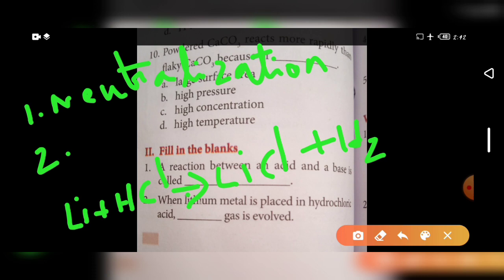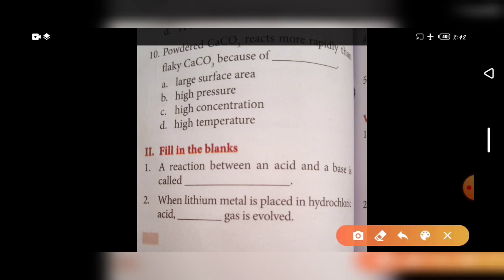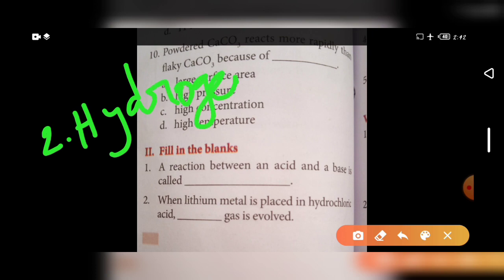In front of the lithium you put 2, and here you put 2LiCl plus H2. So H2 gas will be liberated. What is the gas liberated? Hydrogen. So the answer for the second question is hydrogen gas.